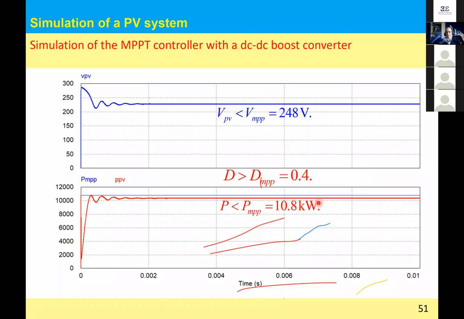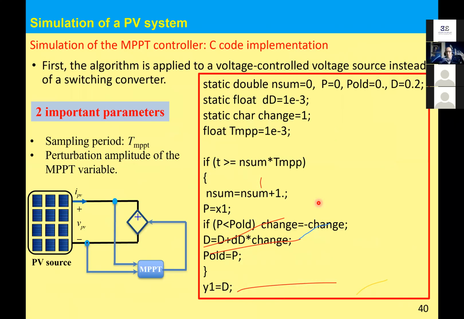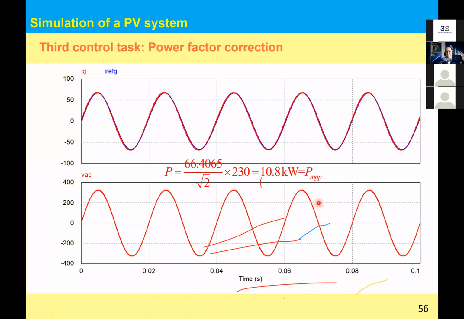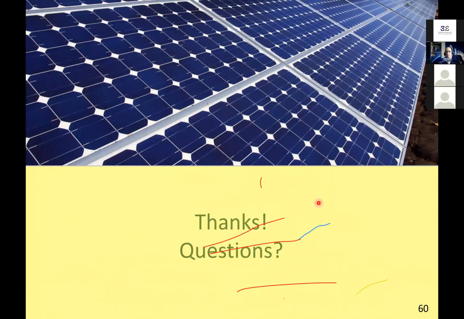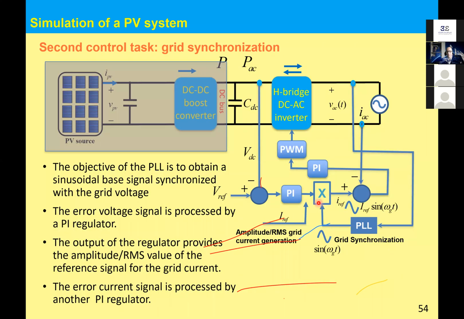Yes, PLL. Was that just to make sure that the voltage and the current are in the same phase? Exactly. What it does is give you a sinusoidal signal with amplitude equal to 1, but which is synchronized to the grid voltage.